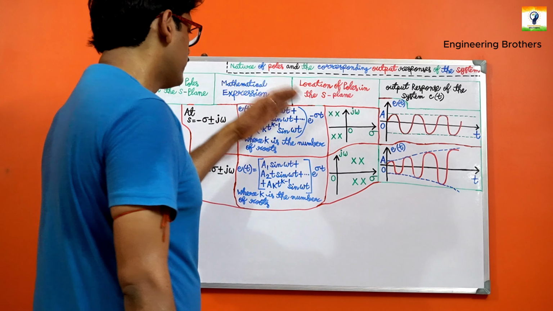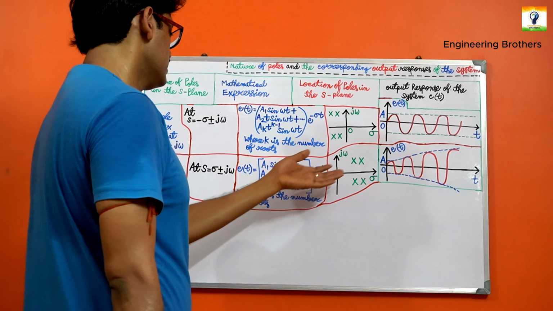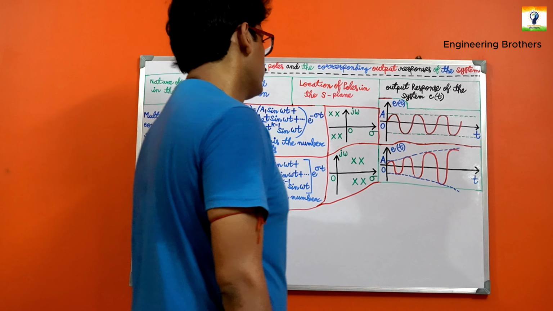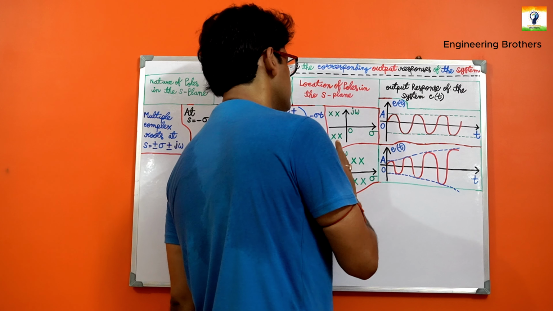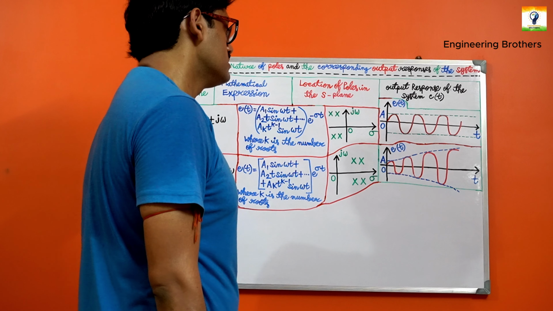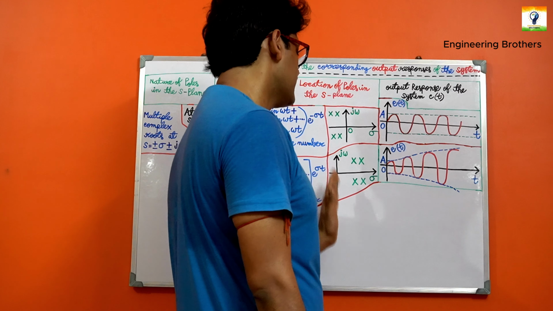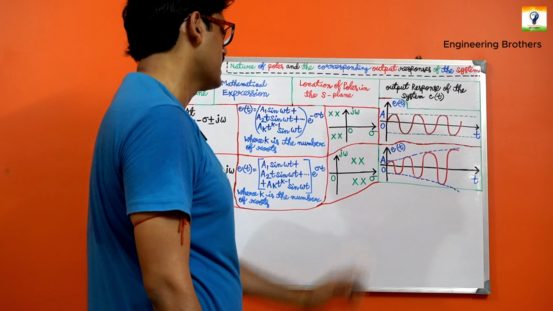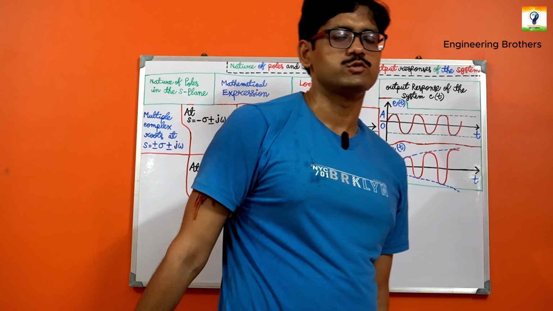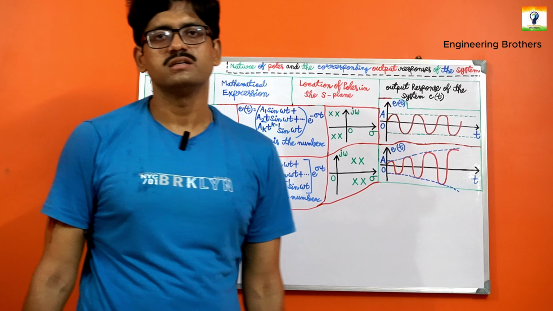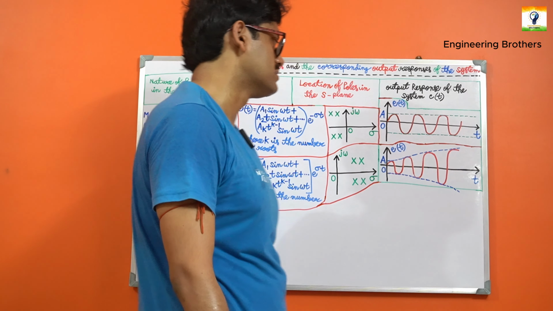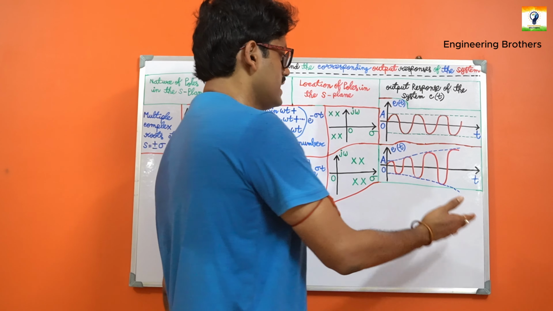In the lower part, this one is easier. The poles are placed on the right hand side of the s-plane, and automatically the system has the tendency to become unstable.